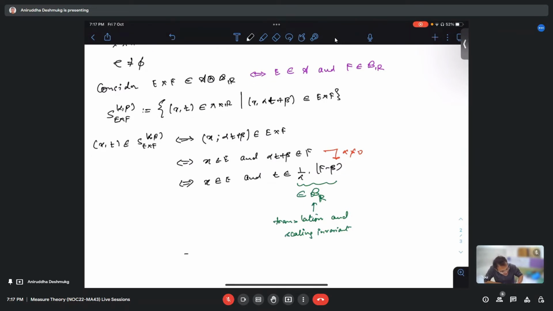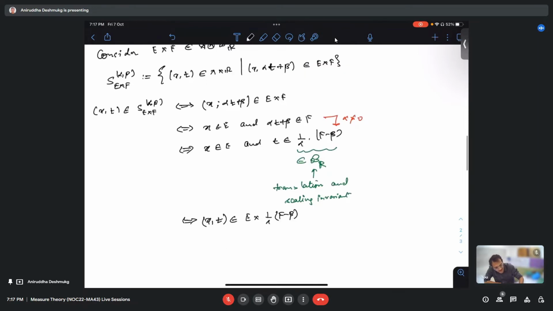So x comma t is inside E cross 1 over alpha times F minus beta. But then this is a rectangle, right? This is inside the set of all rectangles, which is contained inside A cross BR. Can you explain why this is a rectangle?